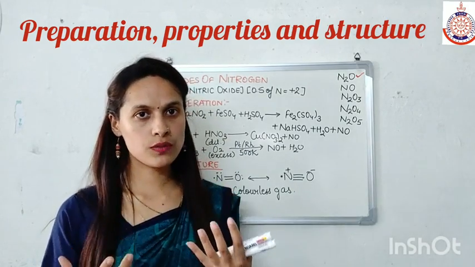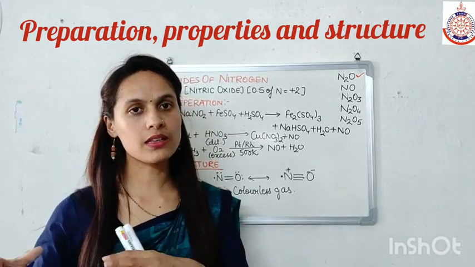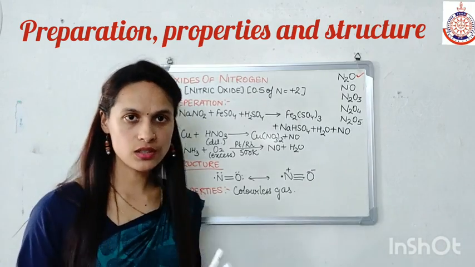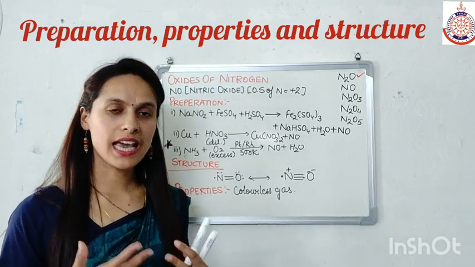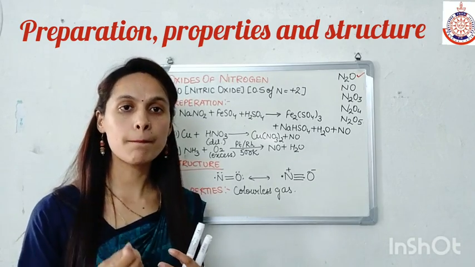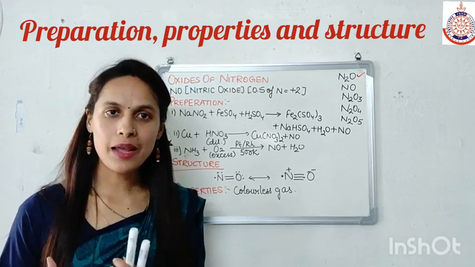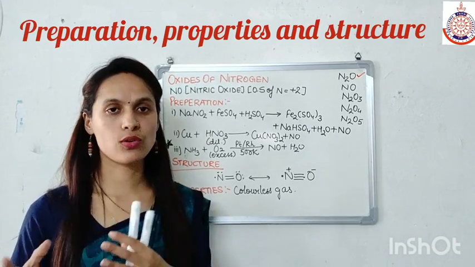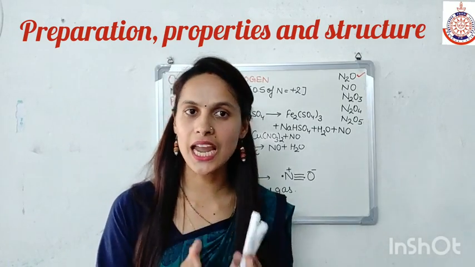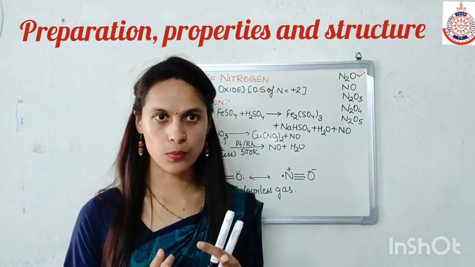And due to the formation of the dimer, this electron is no more single, means now we get paired electrons. So in the gaseous phase, nitric oxide is paramagnetic because it contains unpaired electrons. But in solid and liquid phase, it is diamagnetic because all the electrons are paired. But NO shows its properties in the gaseous form, that's why we study all the properties in the gaseous form.